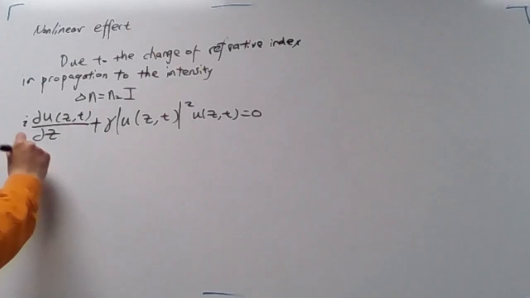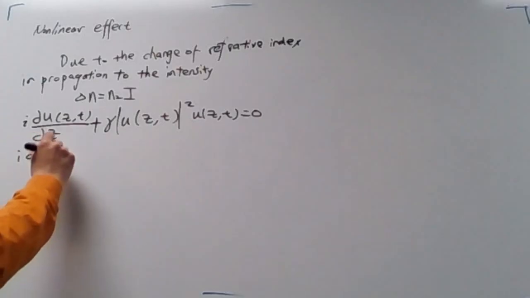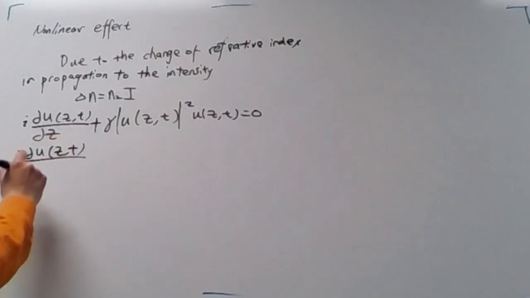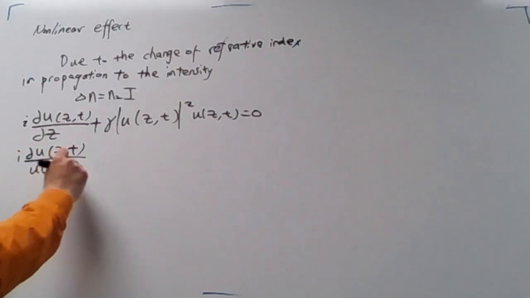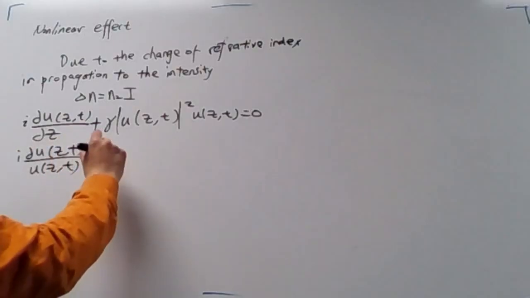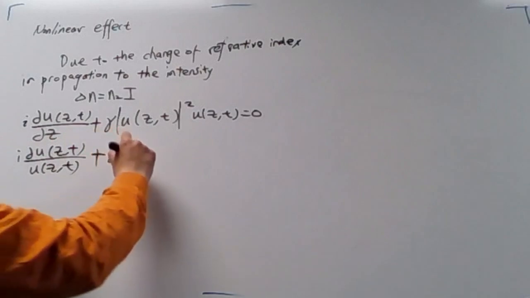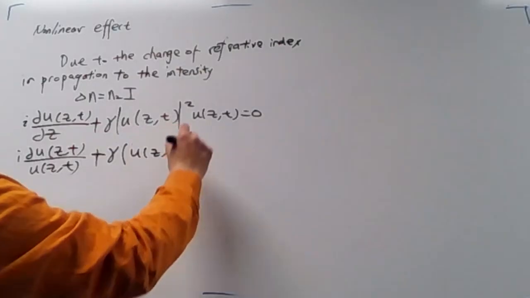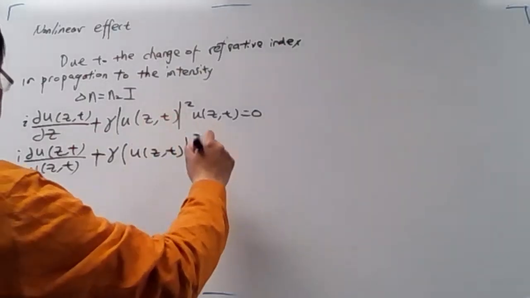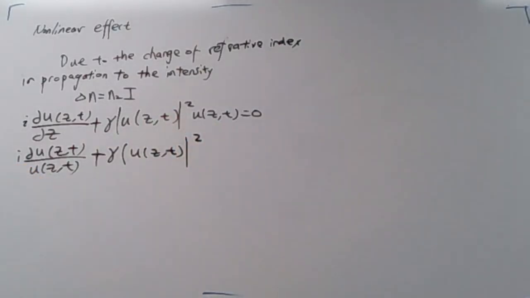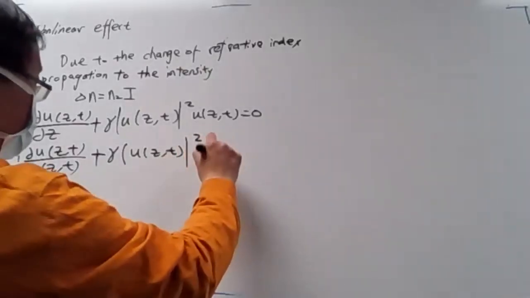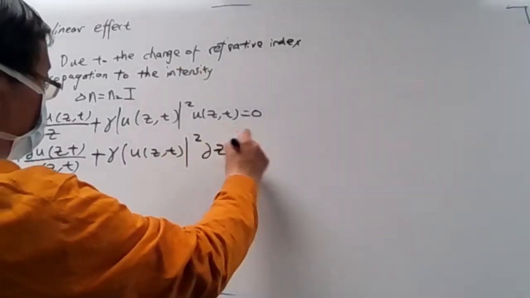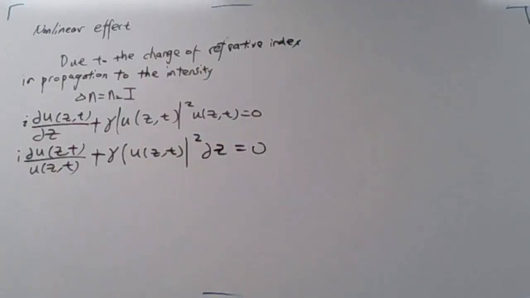So i partial u over u, plus gamma absolute value squared of u(z,t) partial z equals 0.